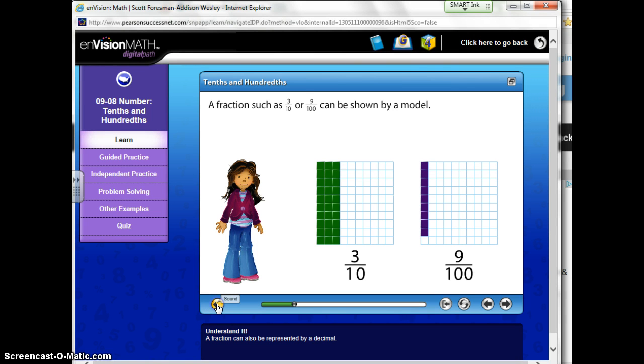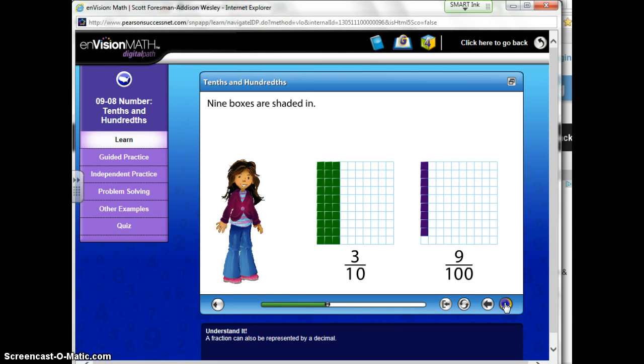In this first picture, they are looking at rows. So there are 10 rows total, and 3 of them are shaded in. But in the second picture, it's the same size, but they're looking at individual boxes. And they're saying 9 out of 100. So 9 out of 100 are shaded.